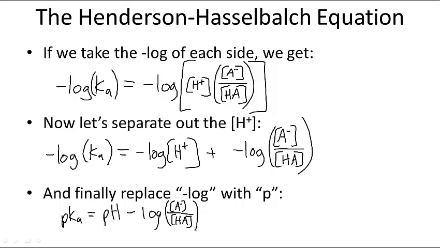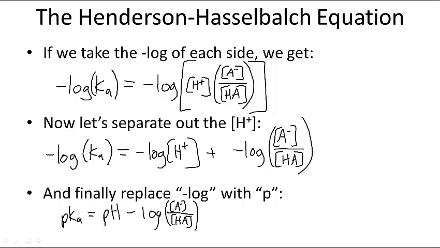So that's one way to write the Henderson-Hasselbalch equation, but they did one last step and just moved the negative log of concentration of A minus over HA to the other side. So the last step is to move this second term to the other side.